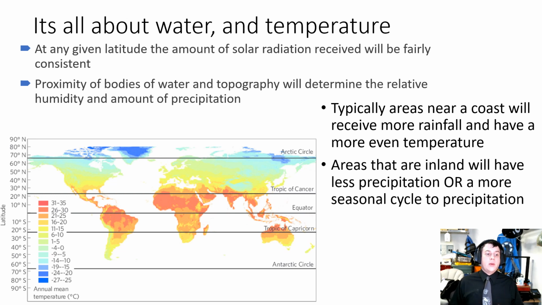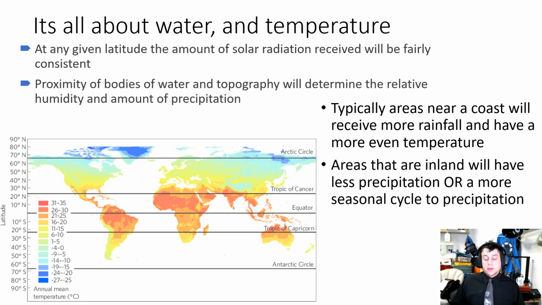A lot of times they will be much drier and oftentimes a lot hotter as a result. So typically the area near the coast will receive more rainfall and have a more even temperature. Areas that are inland will have less precipitation and a more seasonal cycle to their precipitation.